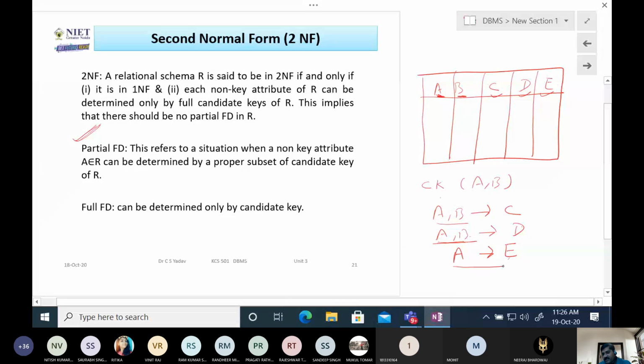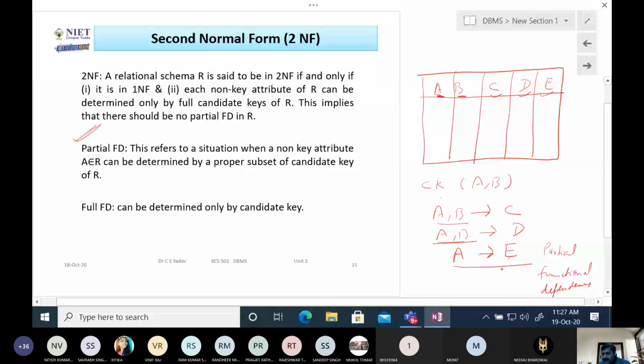So this is the partial functional dependency. Due to that, various anomalies occur: insertion anomalies, deletion anomalies, and updation anomalies. Then we have to remove this partial functional dependency.